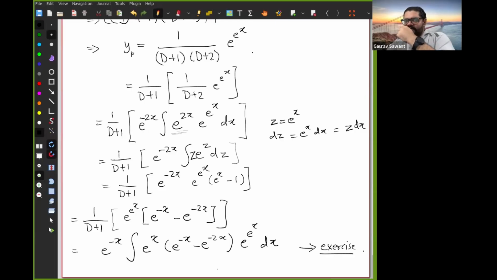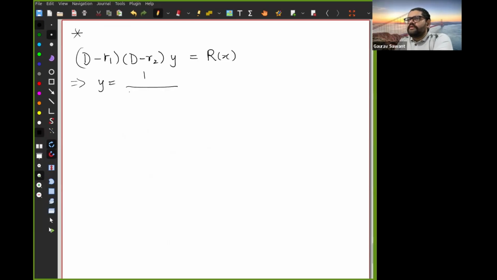There is a second method which is also kind of interesting, which is, as you guessed, you have a 1 over something, right? So I had, let's say, d minus r1, d minus r2, acting on y is equal to capital R of x. This was the form we had gotten, and we had y is equal to 1 over d minus r1, d minus r2 acting on R of x.